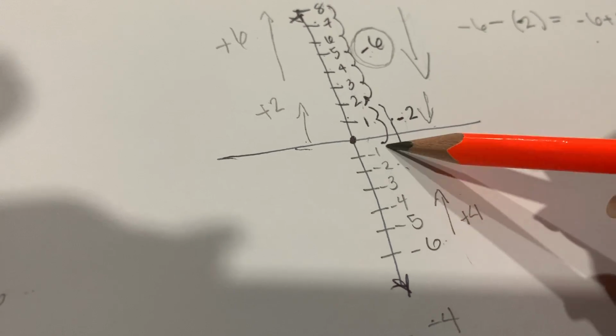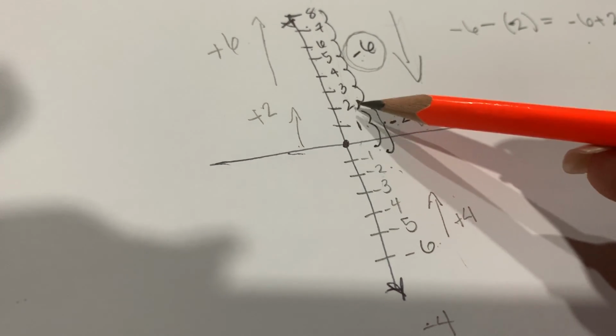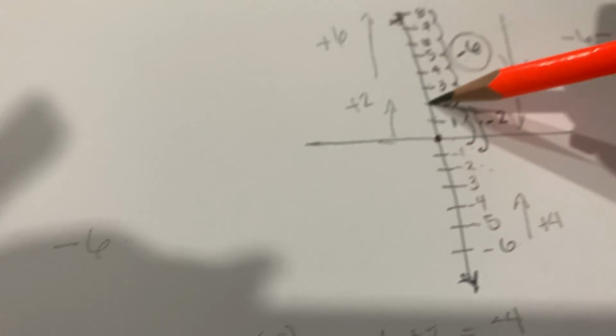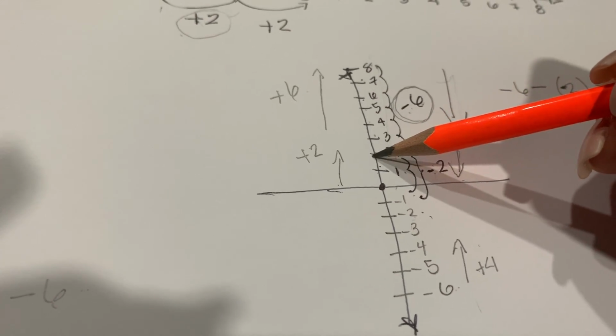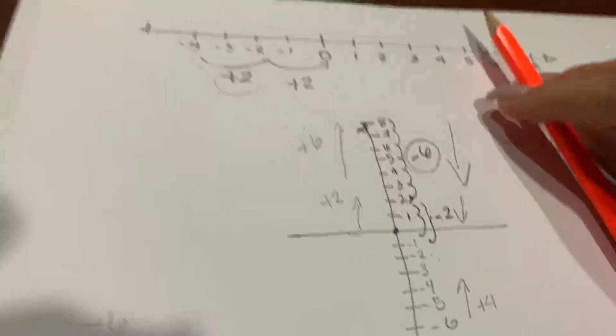From -2 to +2, I will be going up 1, 2, 3, 4 spaces. And from 2 to 8, I will be going up 6 spaces.